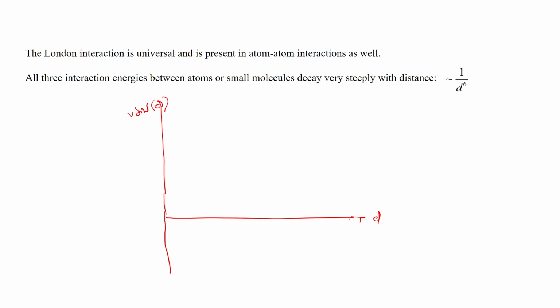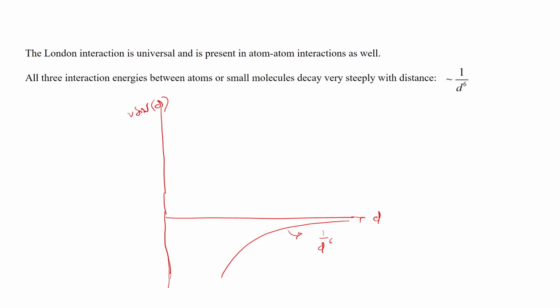This interaction energy is attractive, so it decreases like that. It goes as 1 upon d to the power 6. What it means is that as the gap decreases, this factor increases, and it becomes more and more negative, there is a negative sign there. That is why it is attractive.